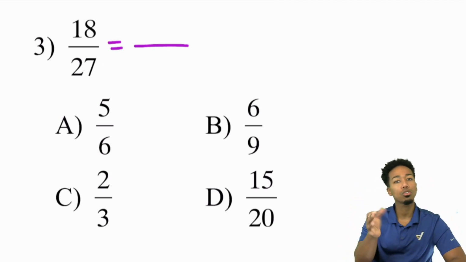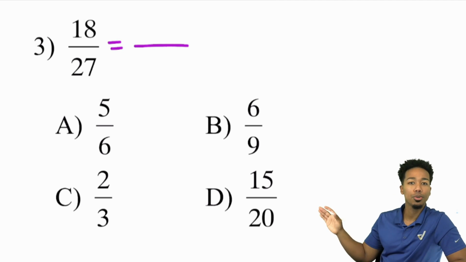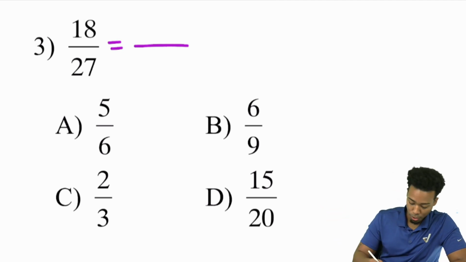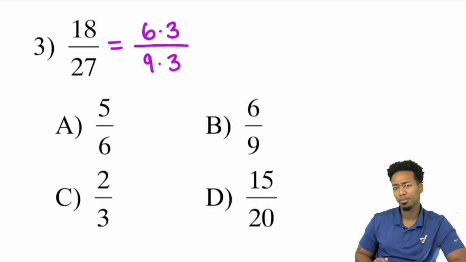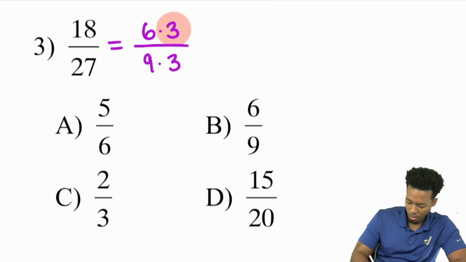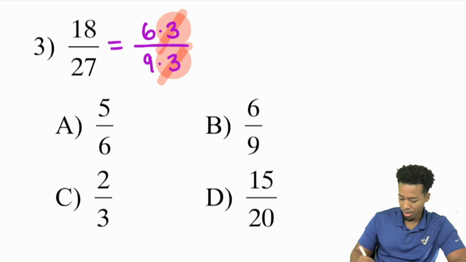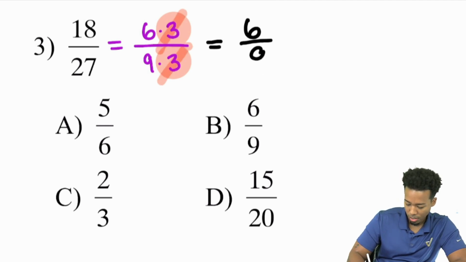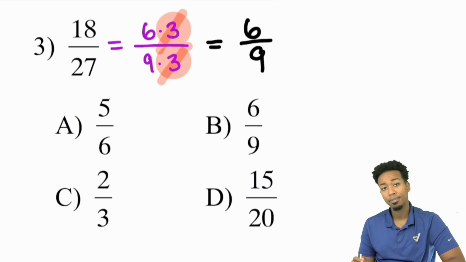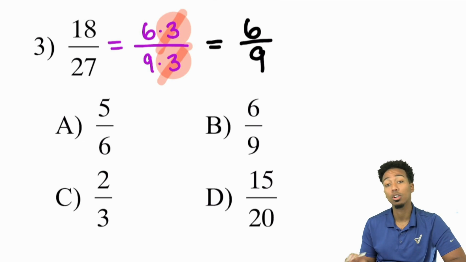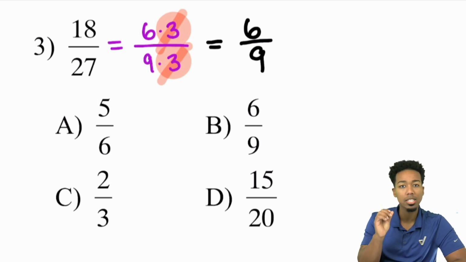Let me show you 2 ways to do this one. First, the long way, starting with a 3. 18 is 6 times 3 and 27 is 9 times 3. The 3s cancel out, so now we have 6 over 9. Are we done? Is B the answer? It absolutely is not, because the goal is to write it in simplest terms.